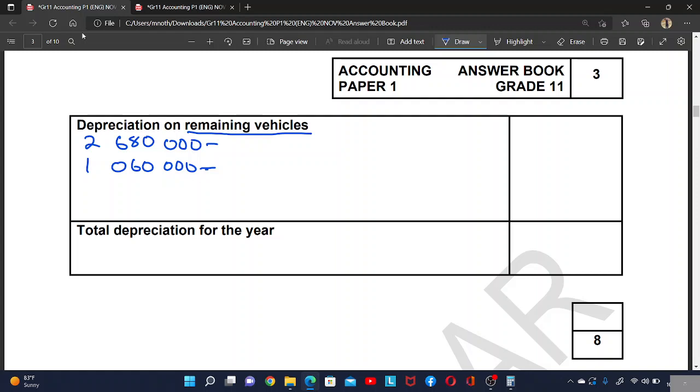If we are selling the asset, we must subtract its cost and also its accumulated depreciation, meaning that from the cost of the assets, we take out the cost of the asset sold and also the accumulated depreciation of the asset sold.